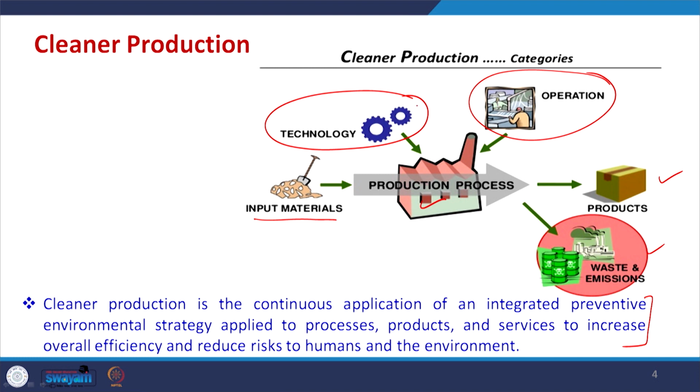So, if the technology is properly chosen, the products will be maximized, whereas the waste and emissions will be minimized. So, this is the strategy that has to be adopted in cleaner production. Now, the essential elements of cleaner production are the production processes. Within the production processes we have to conserve the raw materials and energy.